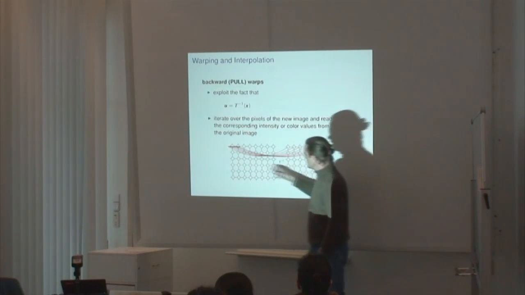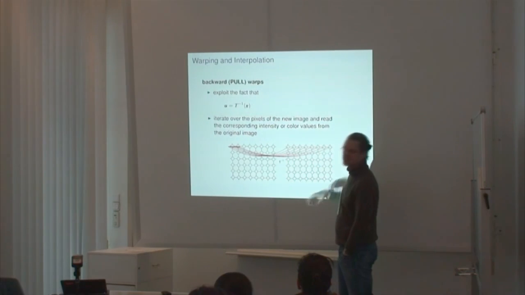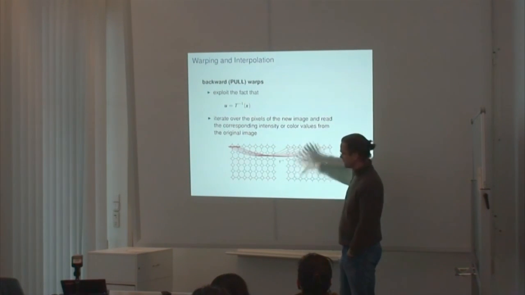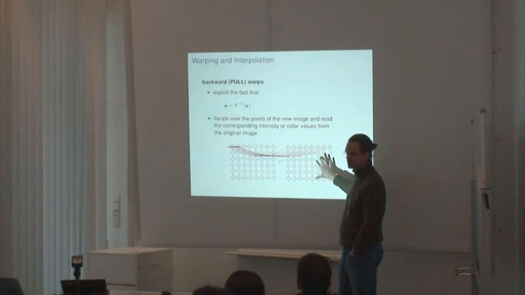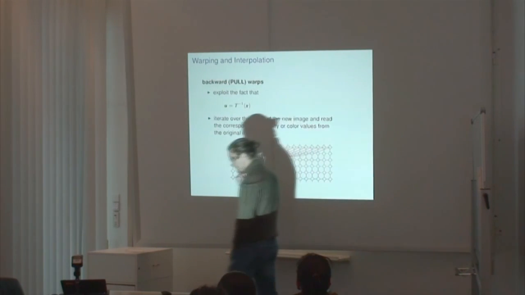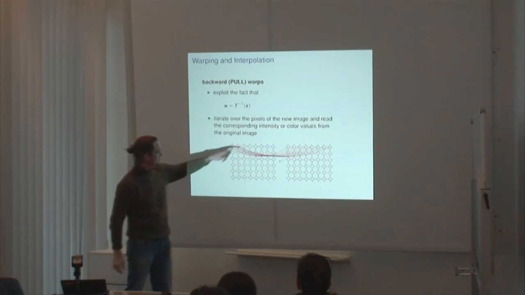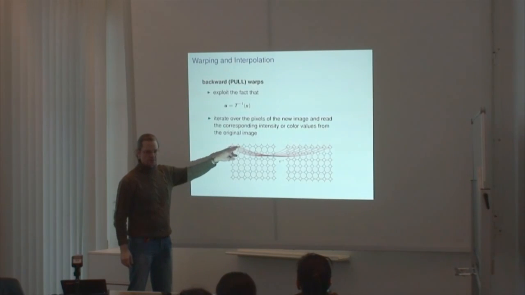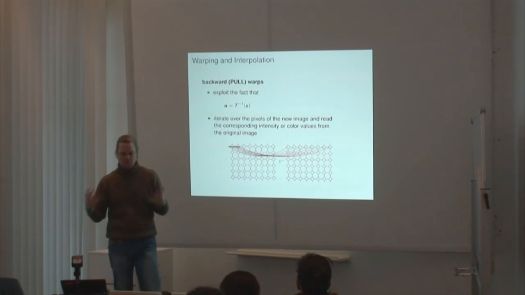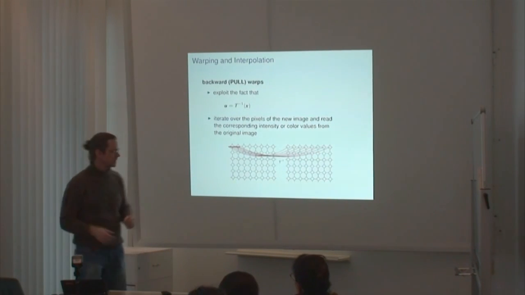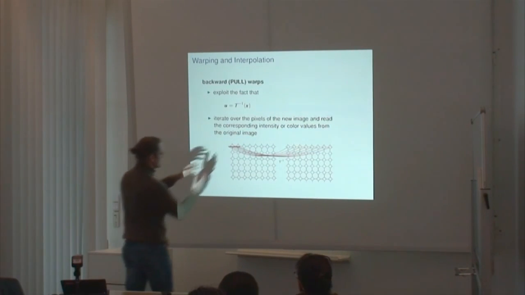But as you can see in this schematic, metaphoric illustration here, this does not hold for every pixel in this image we want to create. Right? If we apply the inverse transformation for certain pixels, it may happen that it would lead us to a location in between two or more of the pixels in the image that we are given.